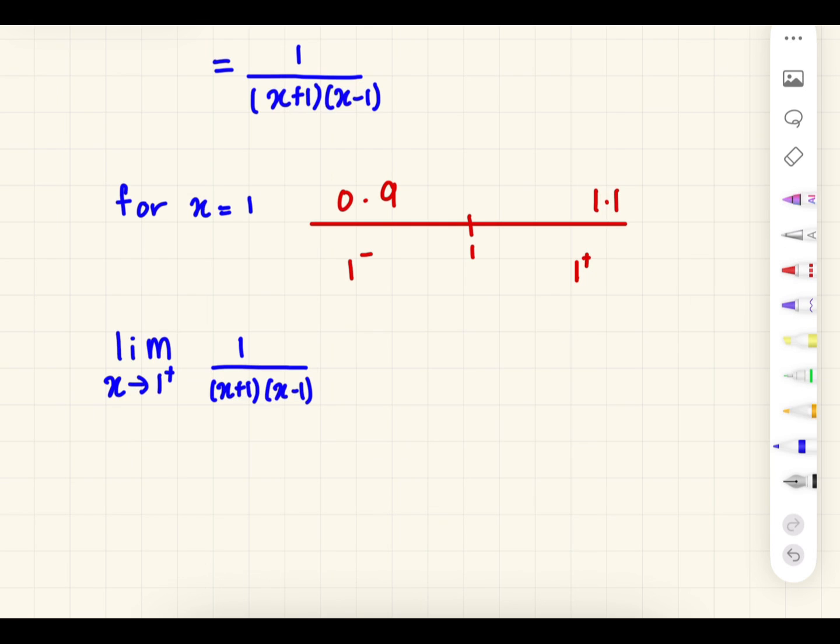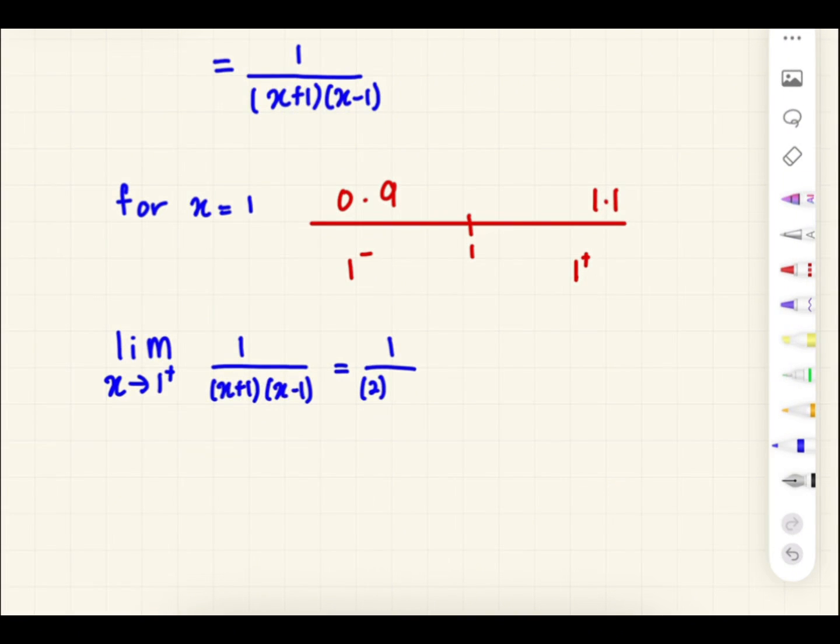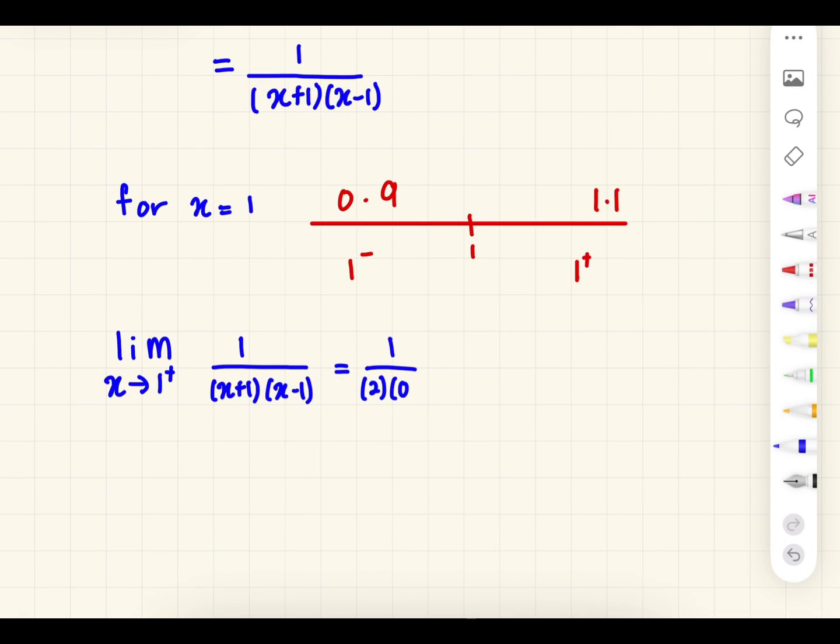The limit as x approaches 1 from the right equals, okay, so for x plus 1, we can substitute the value of x: 1 plus 1, we get 2. So 1 over 2. And for x minus 1, if we substitute the value of 1, we get 0, since 1 minus 1 is 0.